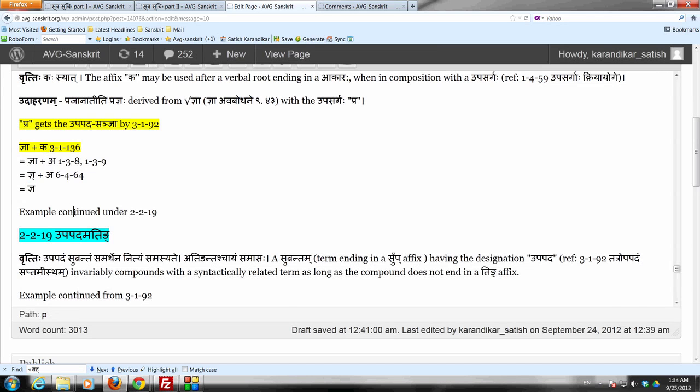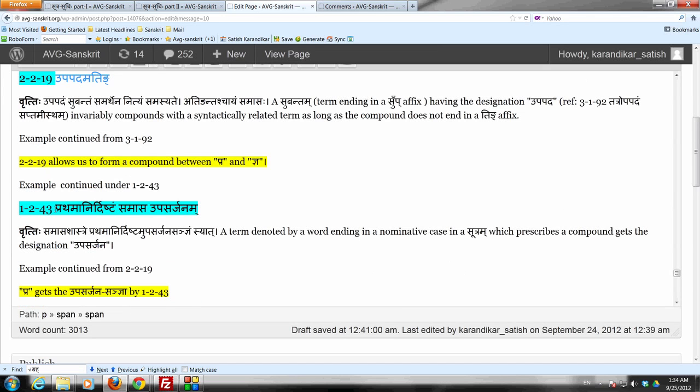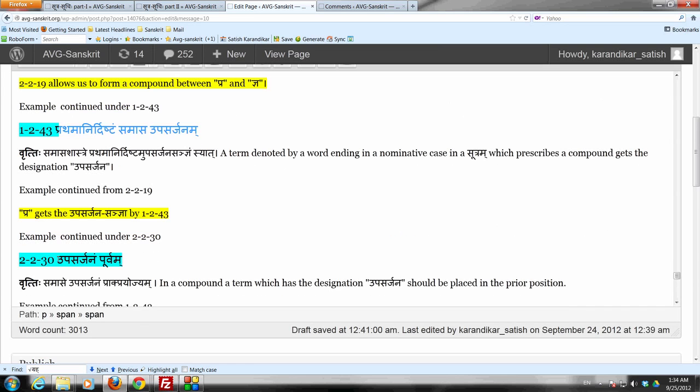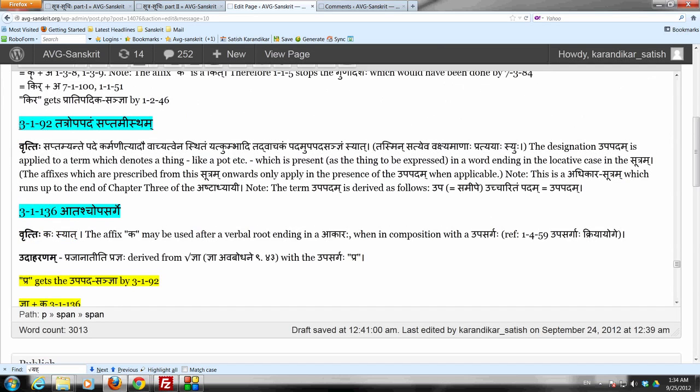Then we will do the compound formation by upapadam ating 2.2.19, and finally by prathama nirdishtam samasa upasarjanam, that which has the upapada sanya will get the upasarjana sanya, and then we will lastly use upasarjanam purvam. So this entire sequence is going to be used all the time. 3.1.92 is the one that is going to change.